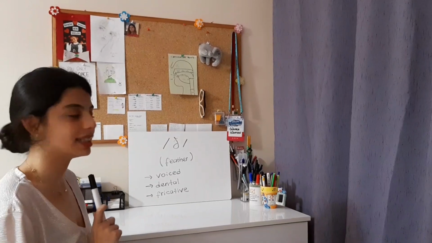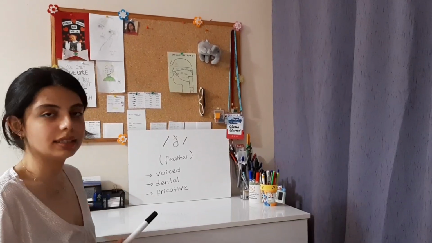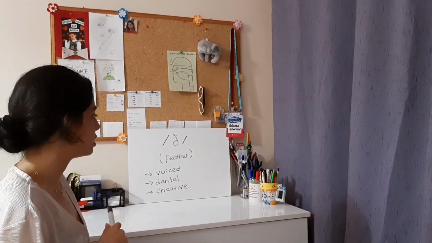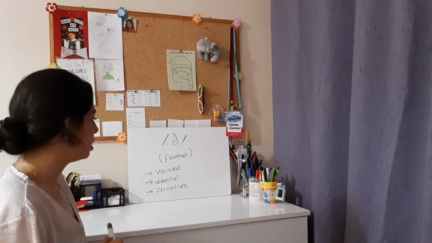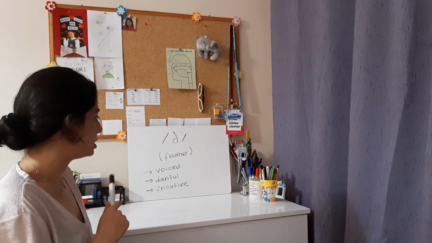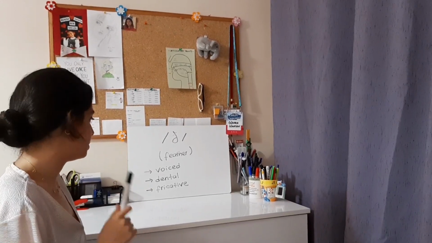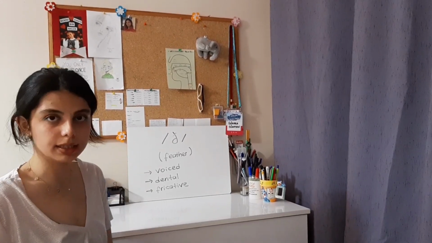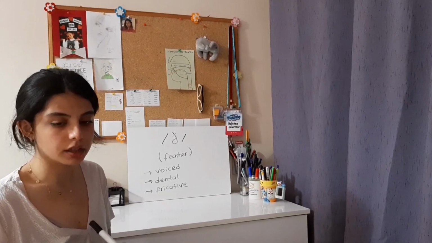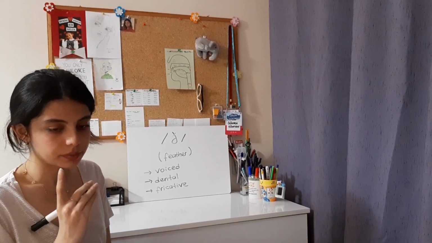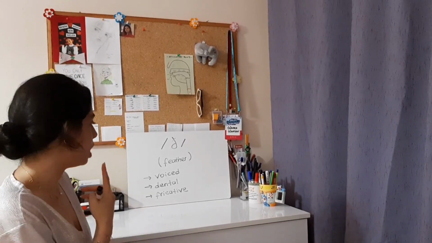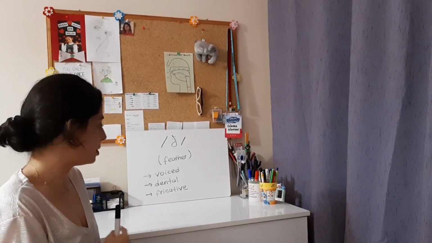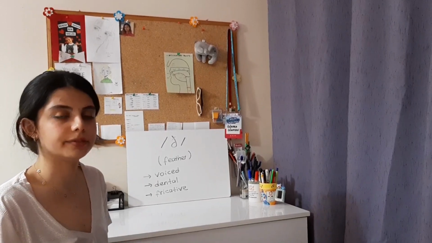The next consonant is eth. We pronounce it th, as in feather. It's a voiced sound, and its place of articulation is dental because the front of the tongue is touching the upper teeth, and its manner of articulation is fricative.